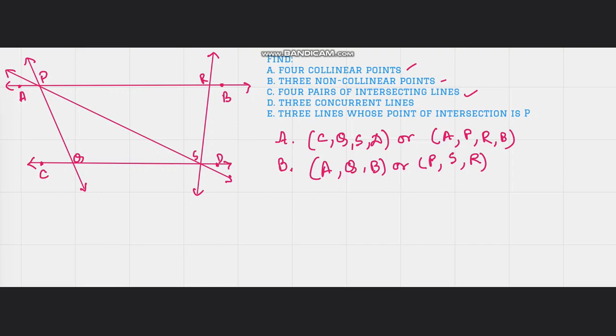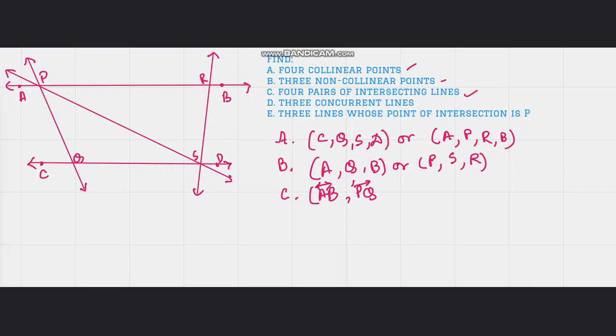Now let us solve this one, 4 pairs of intersecting lines. Intersecting lines means lines that intersect at a common point, right? So we need to find 4 pairs. Let us take a look at the figure. We can clearly see that line AB and PQ are intersecting at point P. So one pair is AB and, since these are lines, I am giving arrows on both sides, PQ.